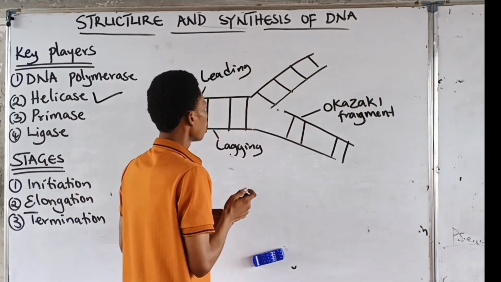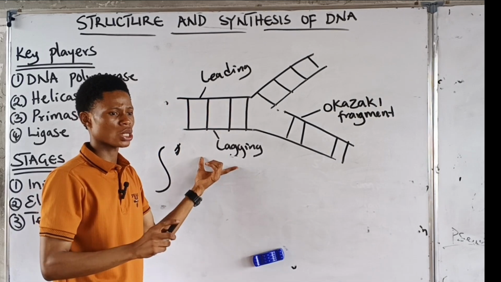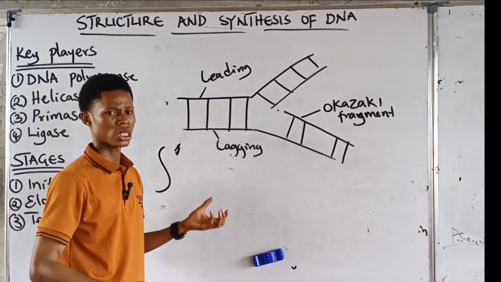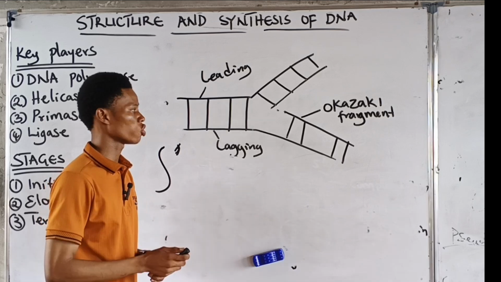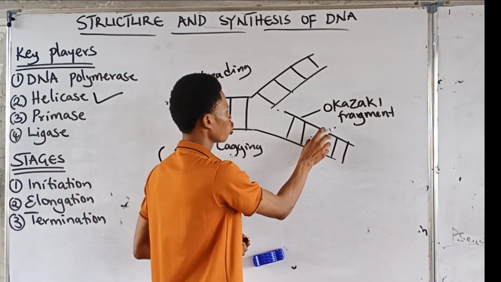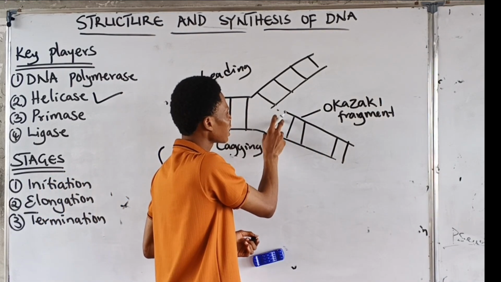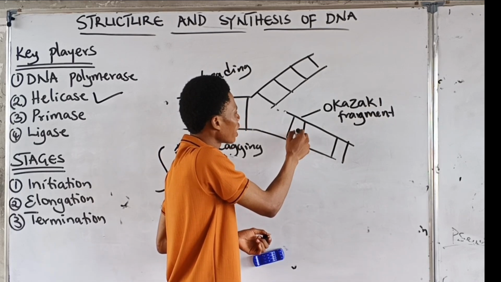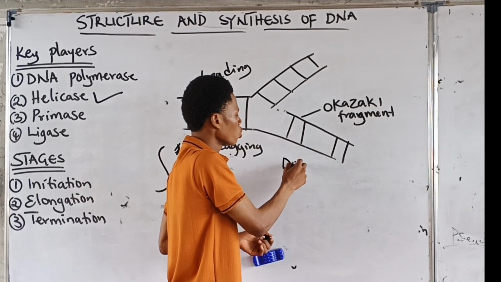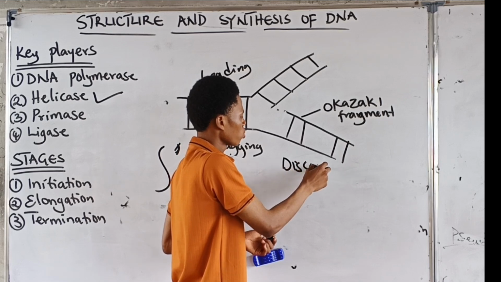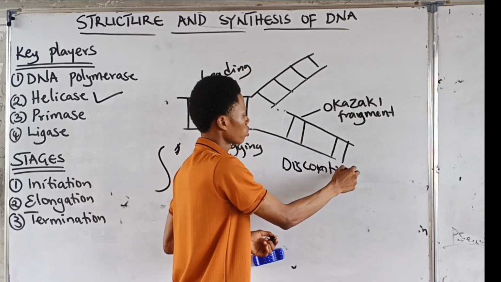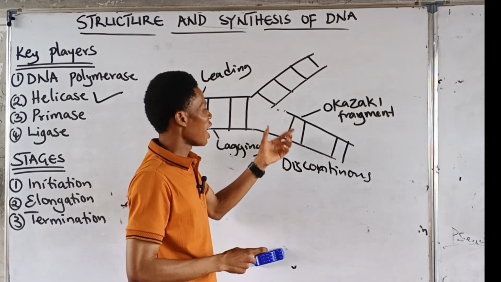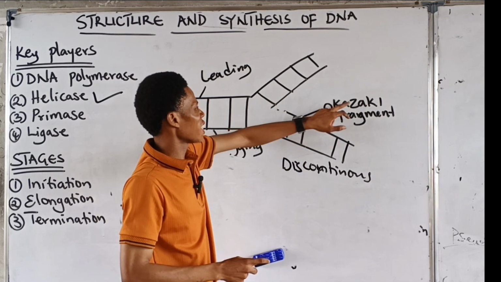There's no gap. But on the lagging strand, which arises from the primer and serves as a complementary strand, there can be gaps in the addition of nucleotides. So the addition of nucleotides here can be discontinuous, and that will form our Okazaki fragment.